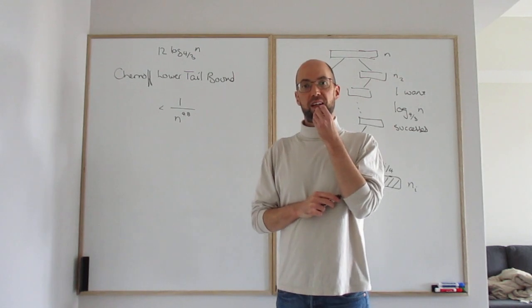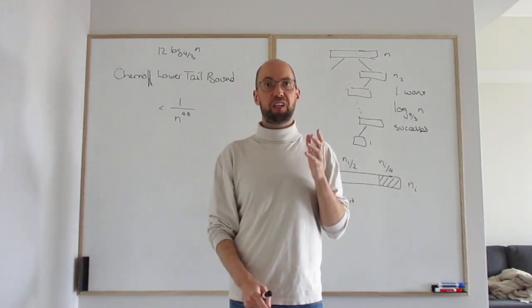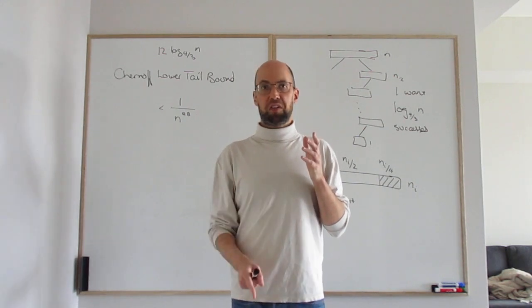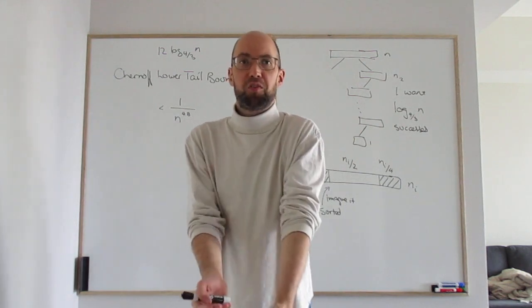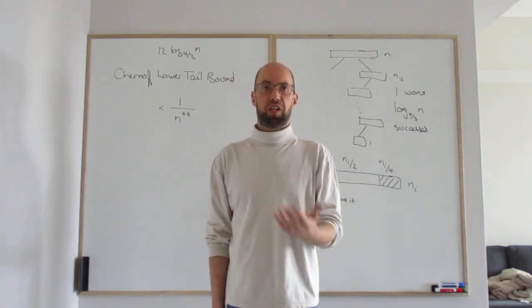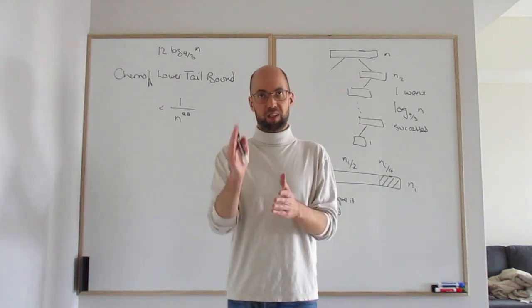Okay? So, that means for each branch of the tree, we don't think it's going to go more than 12 times as deep as in the best case. Right? Okay, the best case is we get an even split.